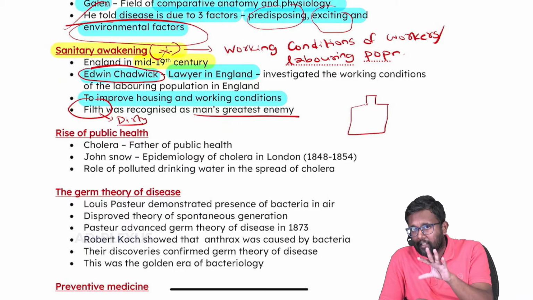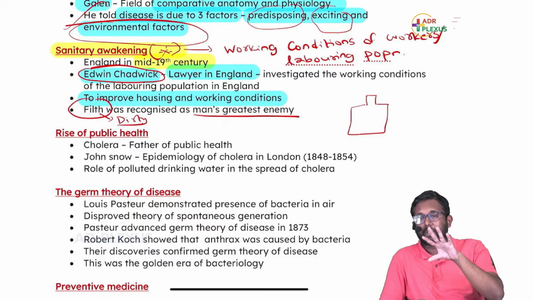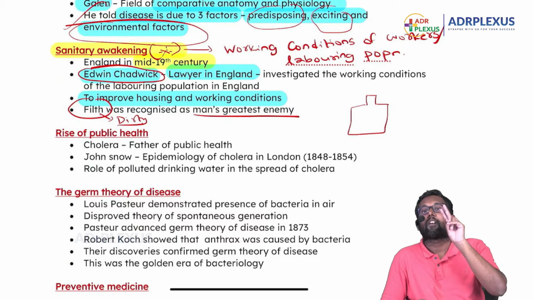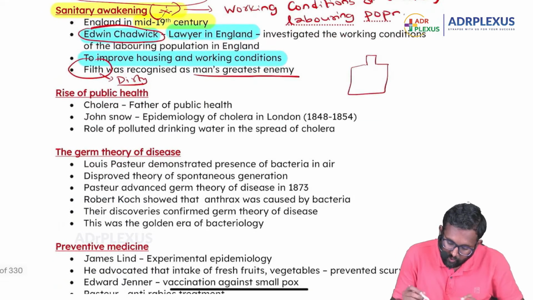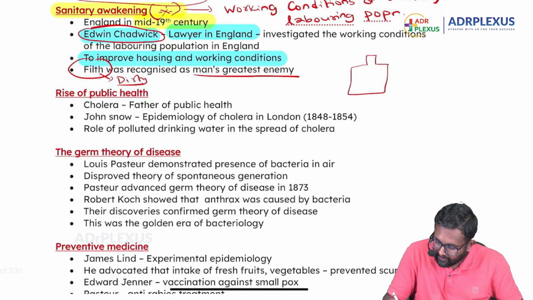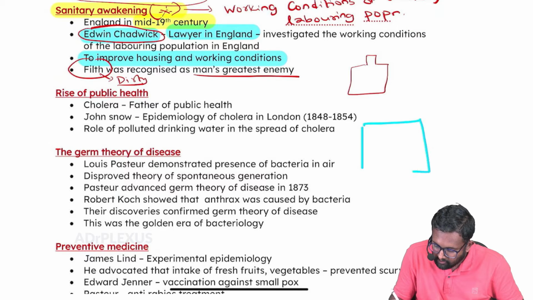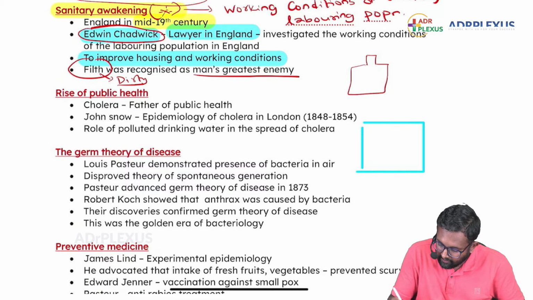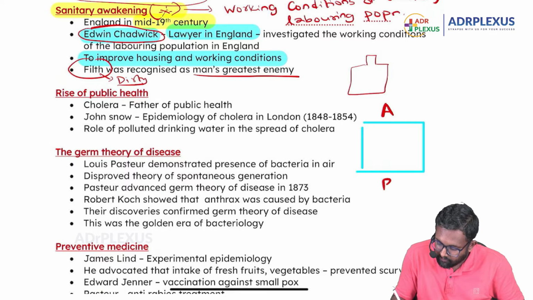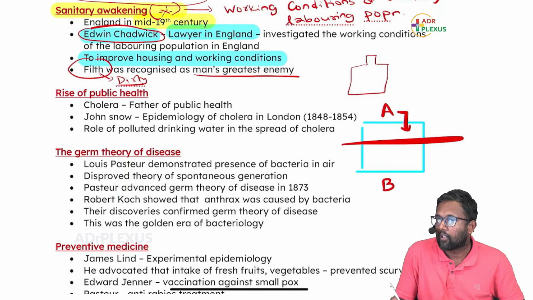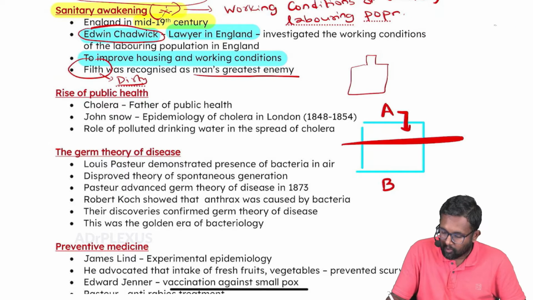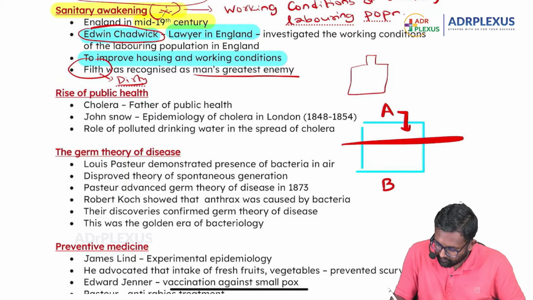Similarly, in England, in London, there were 2 water companies, water company A and water company B. Water company A was supplying water to so many houses here, and water company B was supplying water to so many houses here. Then what happened?